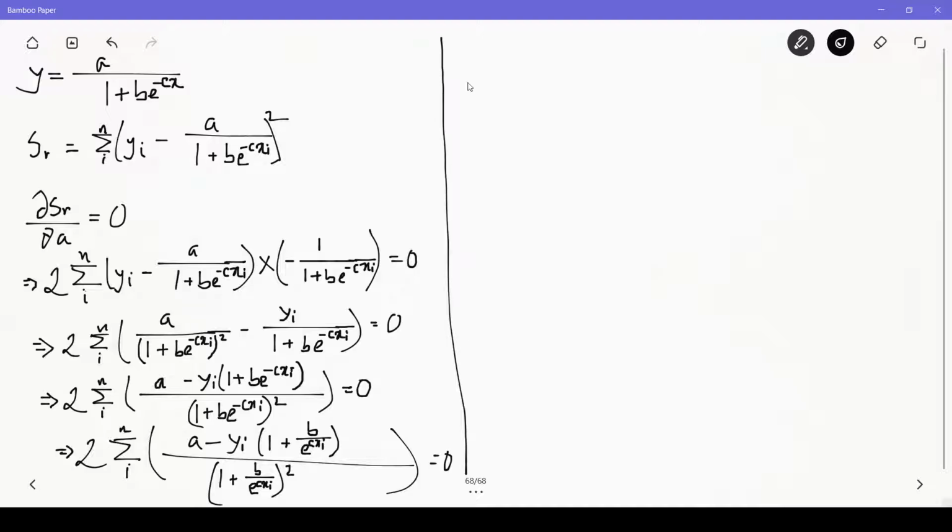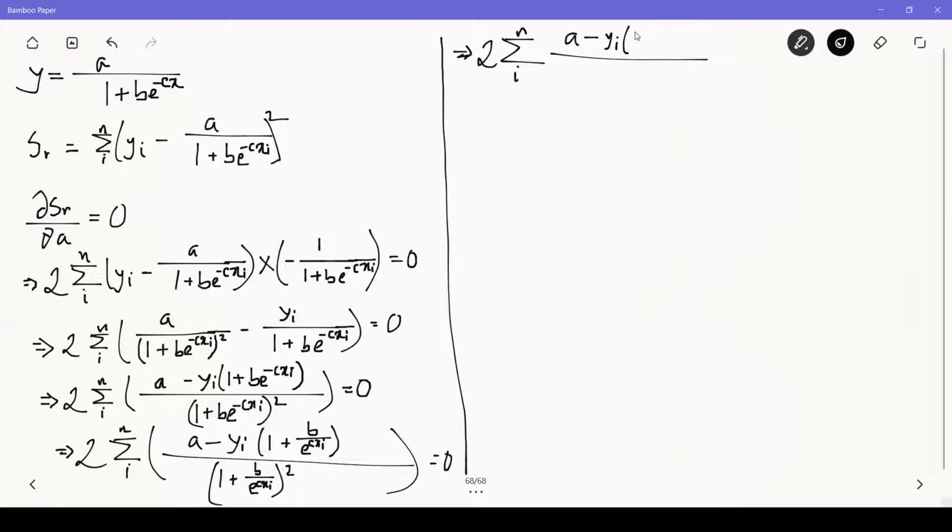Now let's proceed with the symbolic manipulation, which is 1 to n. Now what we can do is we can take this denominator and bring it to the numerator, or basically expand this, right? So we can do something like this. Summation from i equals 1 to n, let's say a minus, a will remain as it is, yi will remain as it is.